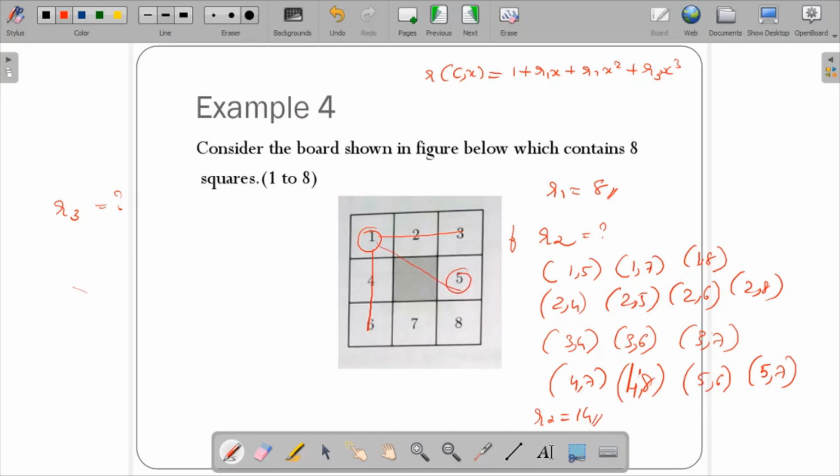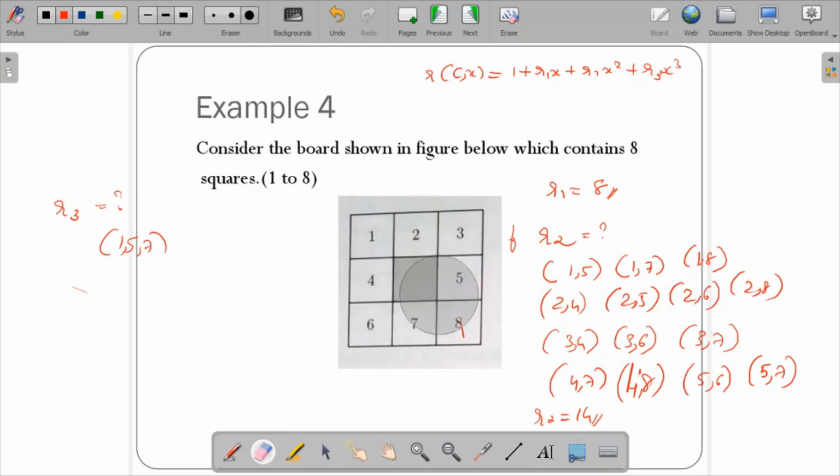But if you consider 5, then this and this is not considered. So it would be 1 5 7. Why? Because 7 does not appear in the same row and same column of 1, and 7 doesn't appear in the same row and same column of 5. So 1, 5, 7 is the triple. That is the only one I got when considering 1.